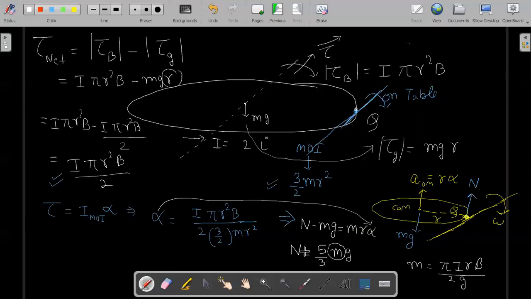Second point, the magnetic field will try to turn the loop in such a way that the magnetic dipole moment associated with the loop is aligned with the given magnetic field. That is the tendency, or you can say the nature, of the torque produced by the magnetic field on any closed loop.